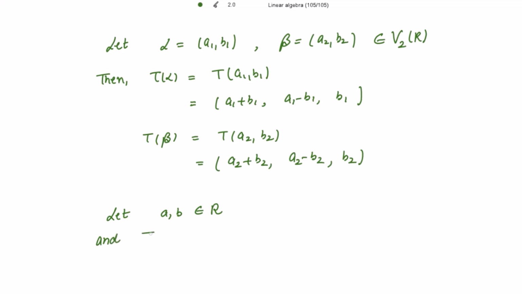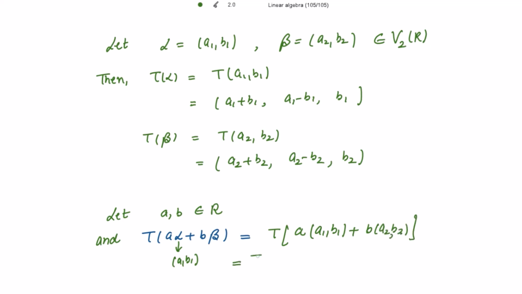And then for proving the linear transformation, T(a alpha + b beta) will be equal to T(a, putting the value of alpha as (a1, b1)). So this is a(a1, b1) + b(a2, b2).